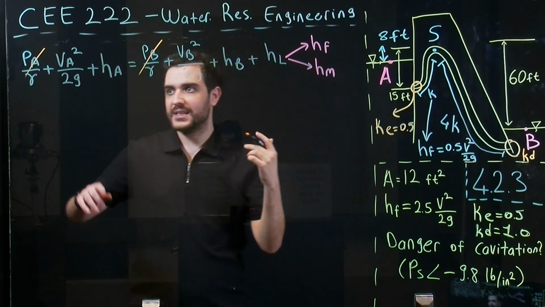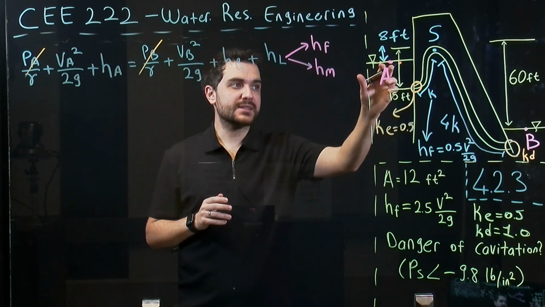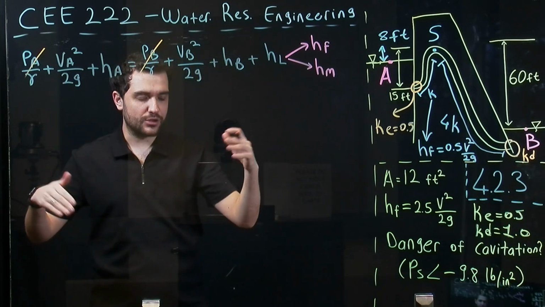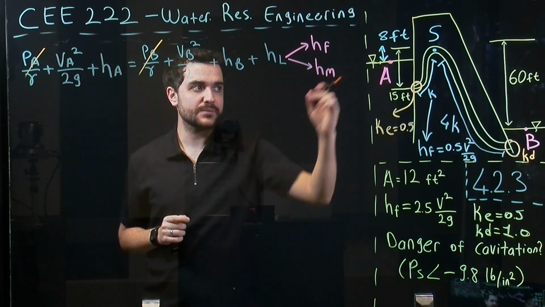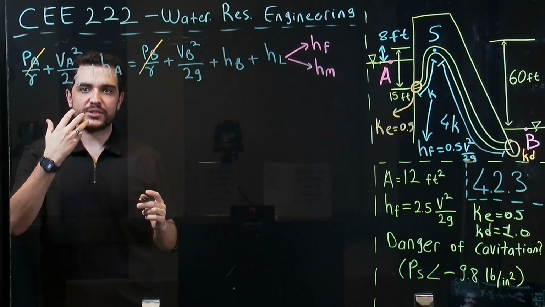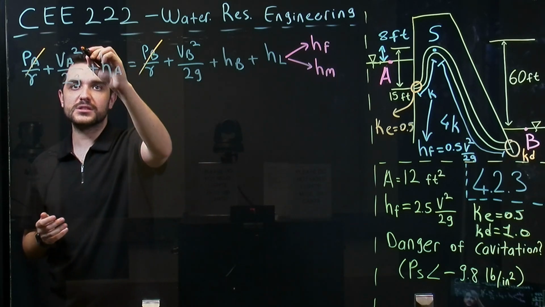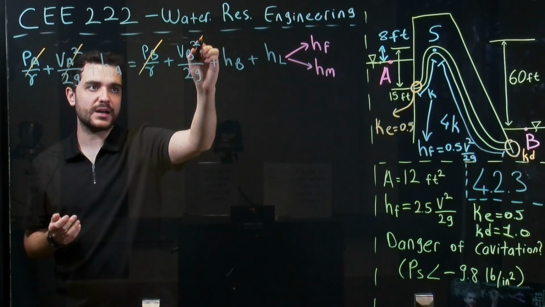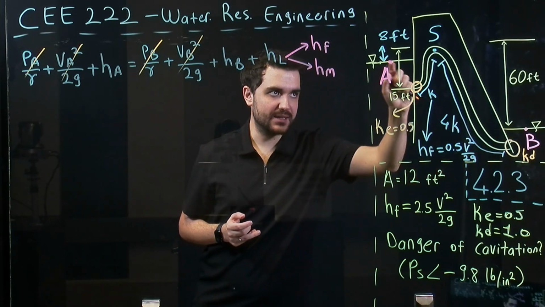Another term that we will be removing is velocity. Since these are very large tanks or reservoirs, there will be little movement only at the surface, so we can assume that there is no flow or velocity at all. So this term and this term are also zero at this point and at this point.